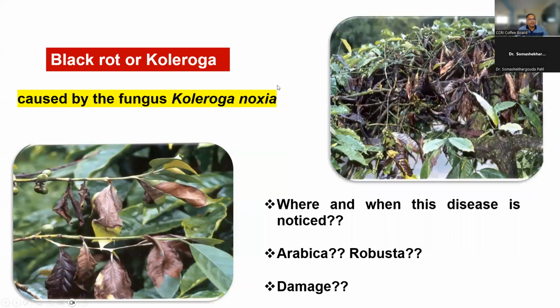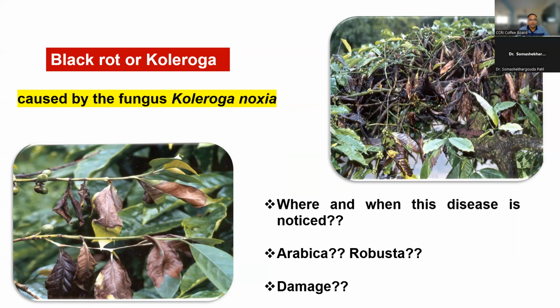In detail, if we see the black rot disease, it is also called Coleroga. It is caused by Colletotrichum noxia, a fungus. Where will we see this disease? We observe this black rot disease especially in the southwest monsoon influenced region, that is South India: Karnataka and Kerala.